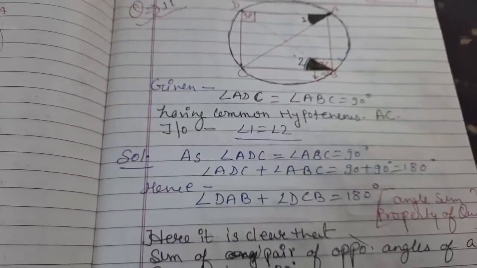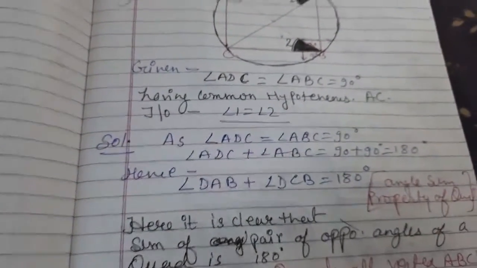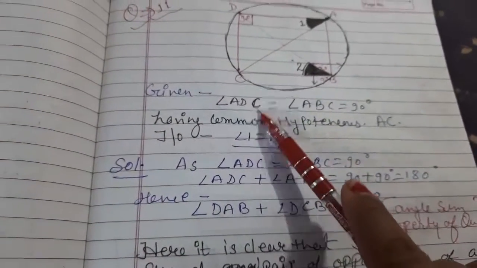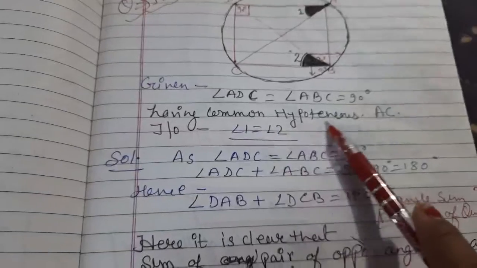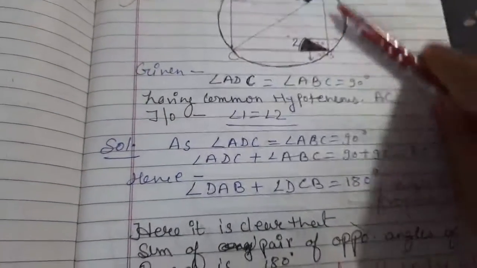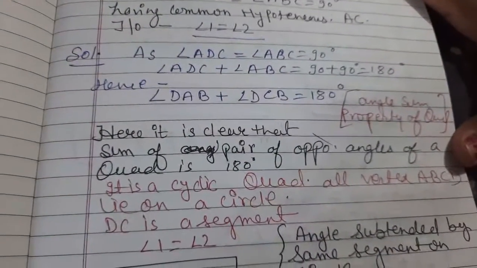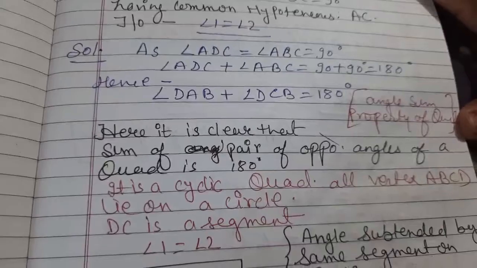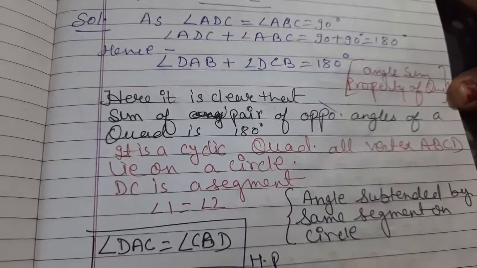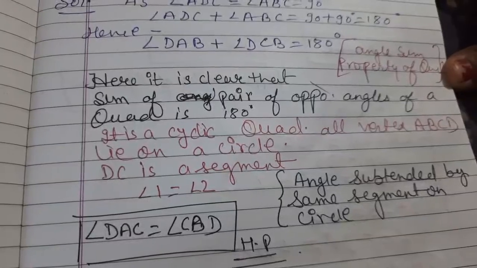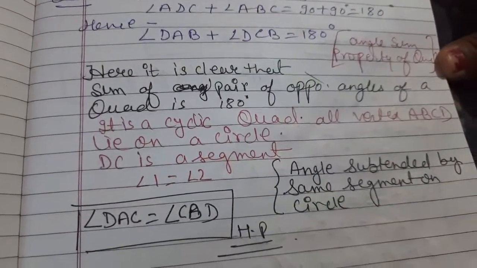Now it is the solution. We have to prove angle 1 equals angle 2. Given both the angles are 90 degrees and AC is their common hypotenuse. So both being 90 degrees, their sum will be 180 degrees. So by the angle sum property of a quadrilateral, it is clear that the sum of a pair of opposite angles of the quadrilateral is 180 degrees.